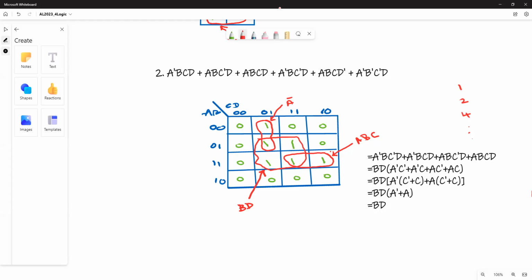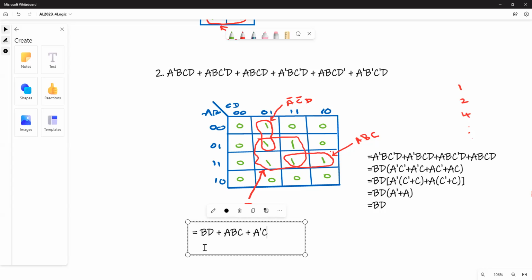We have 0, 1, which means C bar and D. So we will get A bar, C bar, D. So the simplification answer for this one, the final answer, when you simplify, we will have BD plus ABC plus A bar C bar D. That's the final answer.